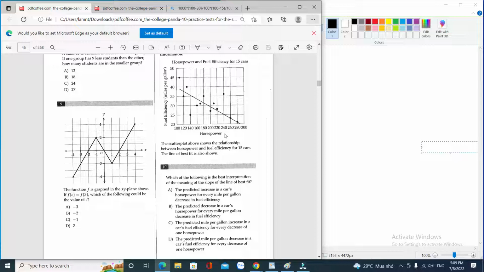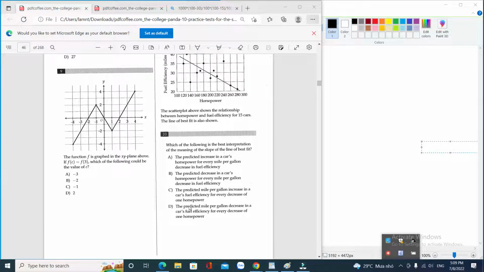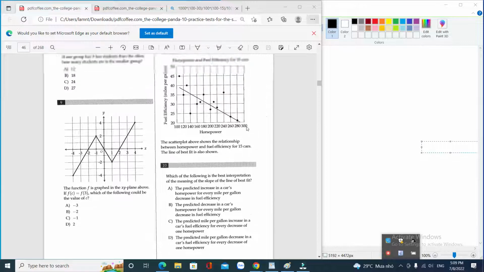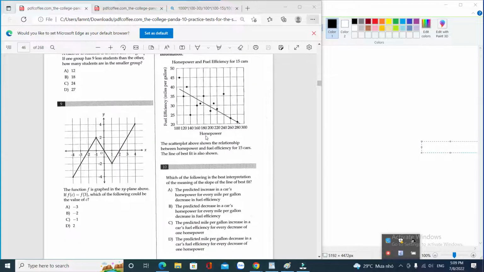The line of best fit is shown. Which of these is the best interpretation of the meaning of the slope? The first option says the predicted increase in a car's horsepower for every mile per gallon decrease in fuel efficiency.